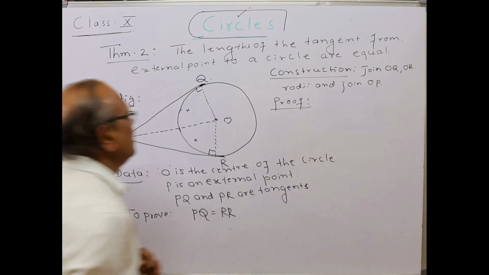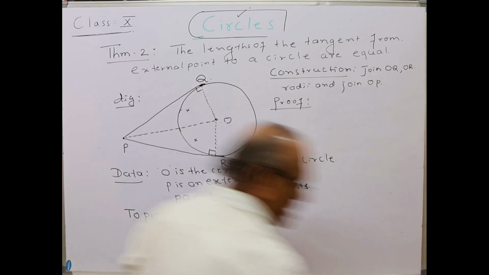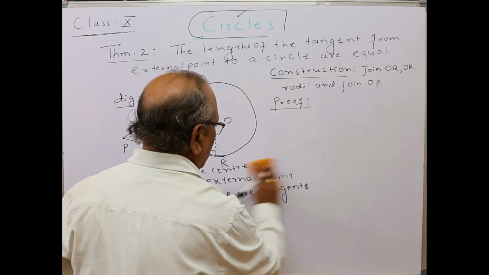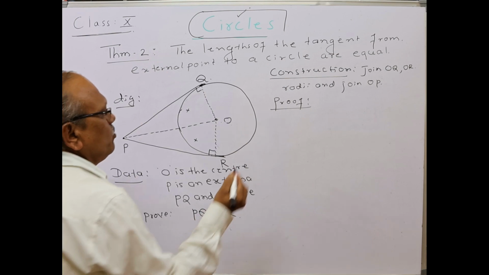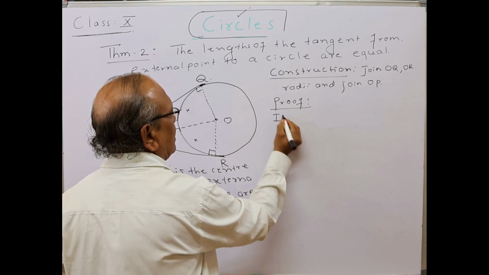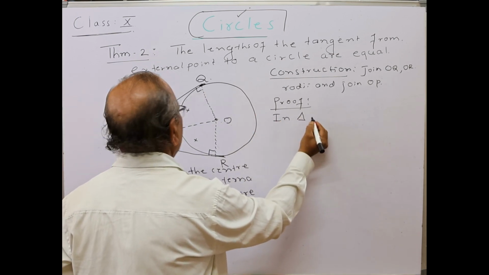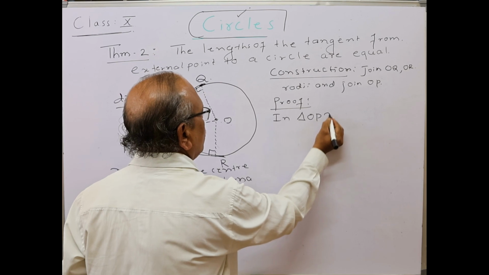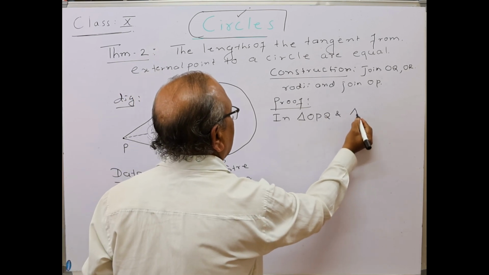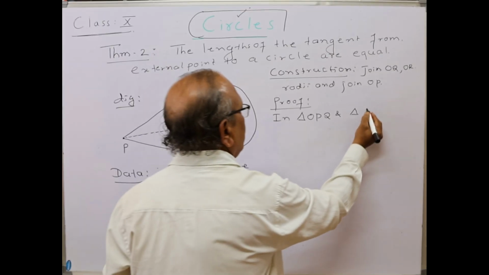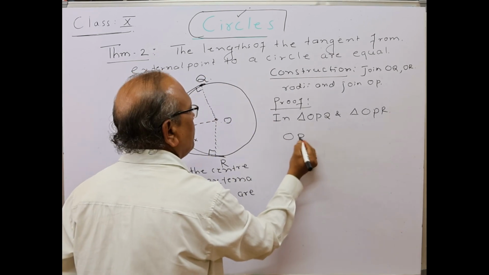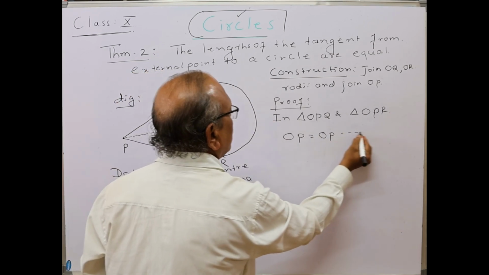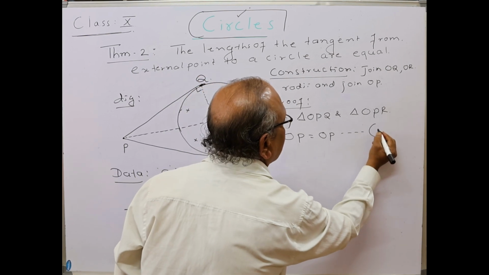Proof is that you must go on writing. Let me rub this part, which is the data. I think you have noted it already. Proof: in triangle OPQ and triangle OPR, what do you get here? OP is equal to OP. You have to write a reason here.